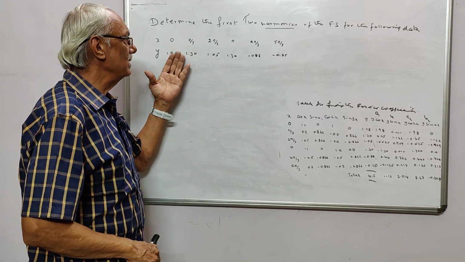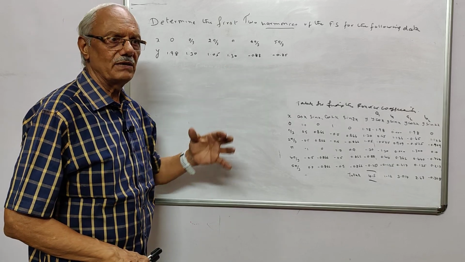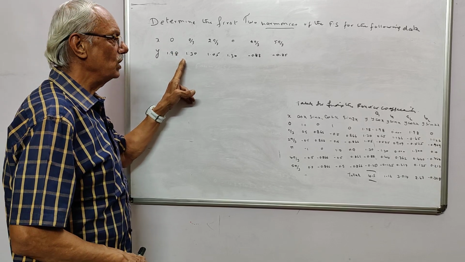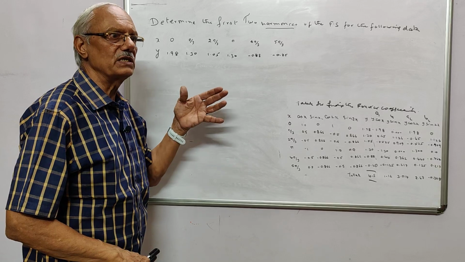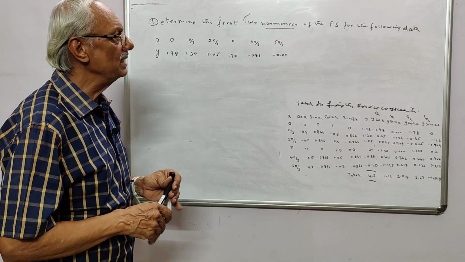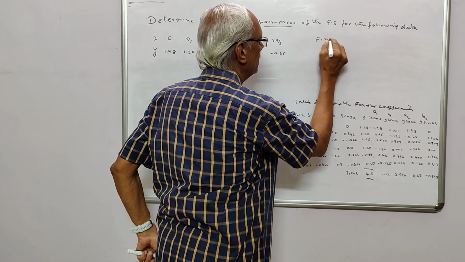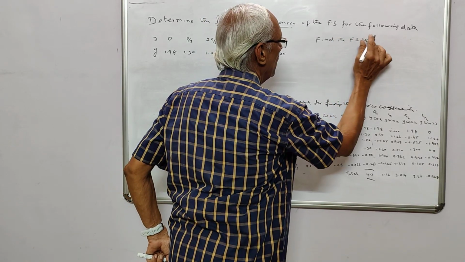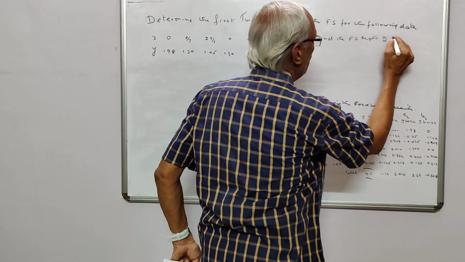For example, this is a problem where your function is not directly given. You are given x and the corresponding y values. Now you are supposed to find the Fourier series for this up to two harmonics.